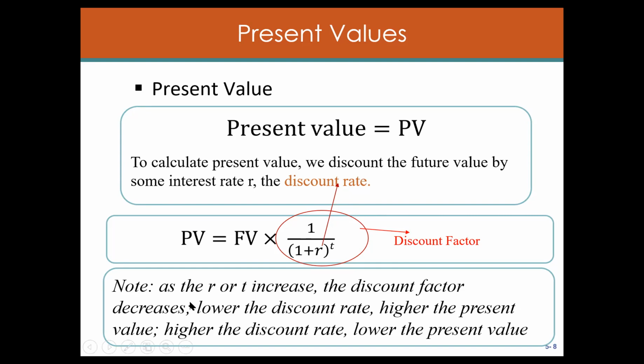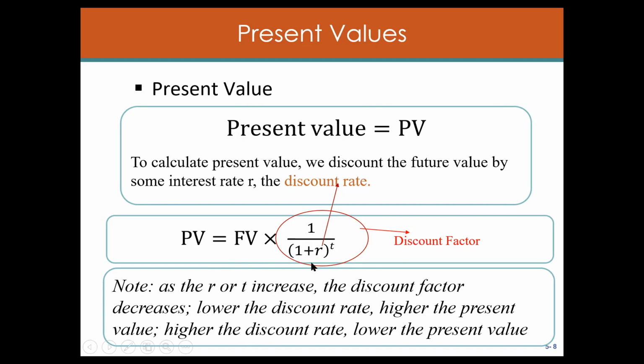So note here, as r, the discount rate, or t, the time period, increases, what happens? The denominator will increase, so the present value will go down. The discount factor decreases because the denominator increases.